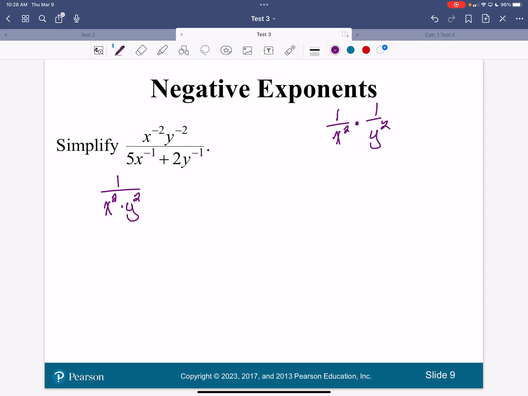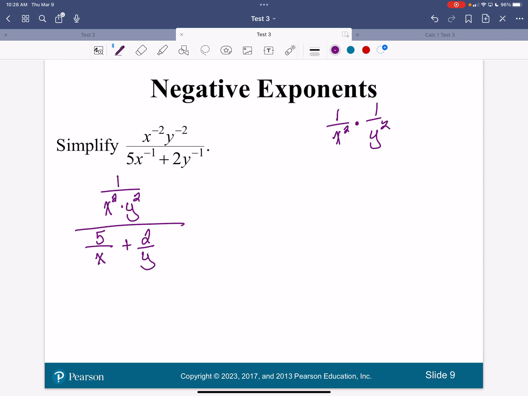Now, here, what's being raised to the negative 1? Just the x. The 5 is not. So where does the 5 stay? Good. So I'm going to have 5 over x. Okay. What's being raised to the negative 1? Good. So here I'm going to have 2 over y.